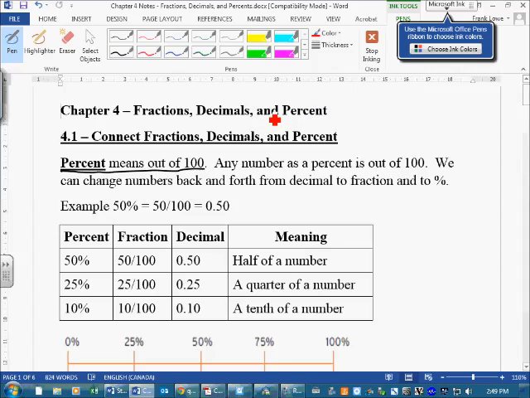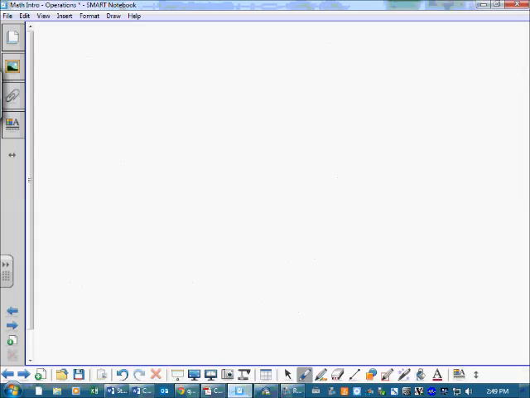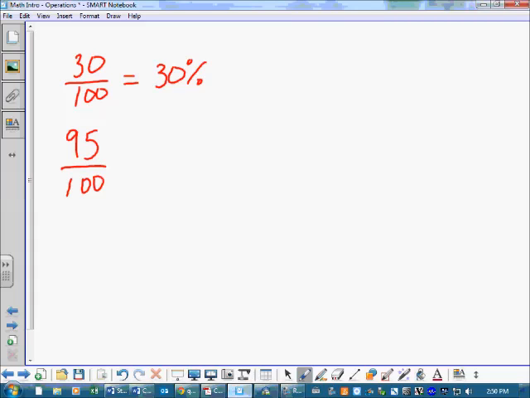So it doesn't matter what we're dealing with. Anything that's out of 100 we can express as a percent. It can be any number, right? So if we have 30 out of 100, that is equal to 30%. If we have 95 out of 100, that equals 95%.